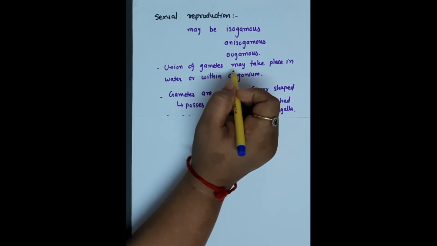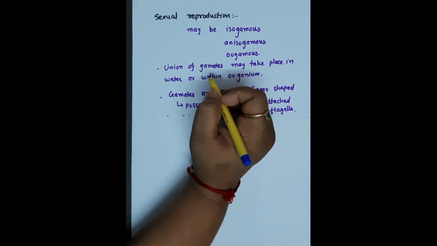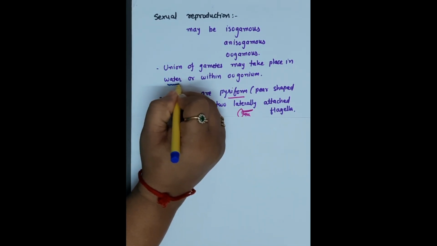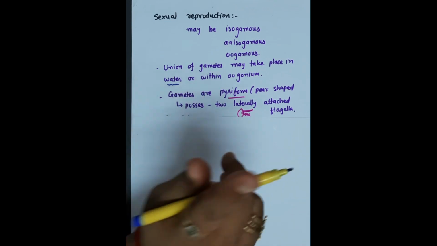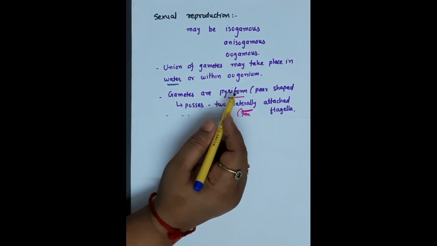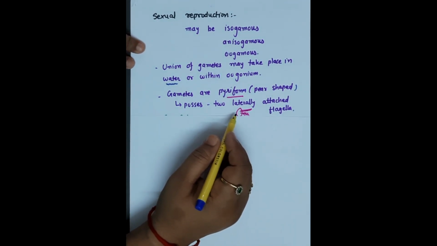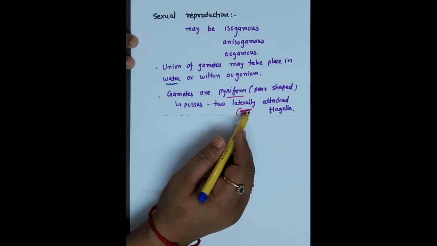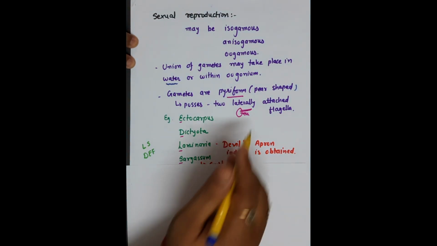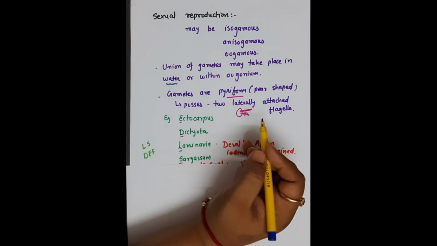The gametes move with the help of water. This is most important: male gametes move with water, so union of gametes occurs in water. The gametes are pyriform, pear shaped, and possess two laterally attached flagella, as I discussed earlier.